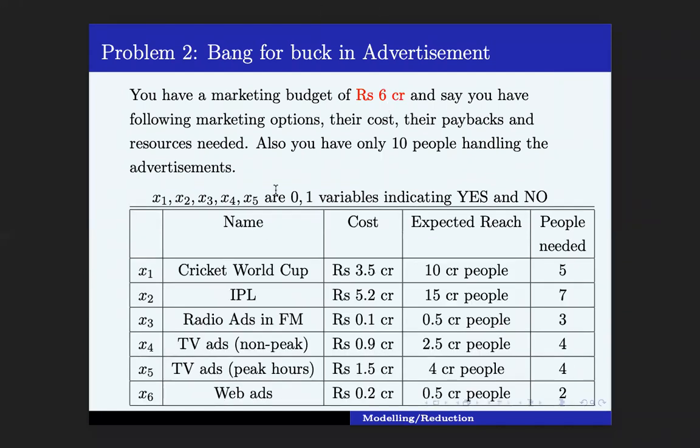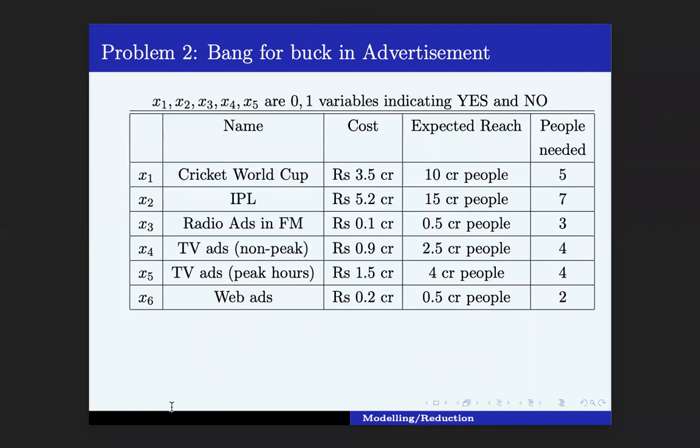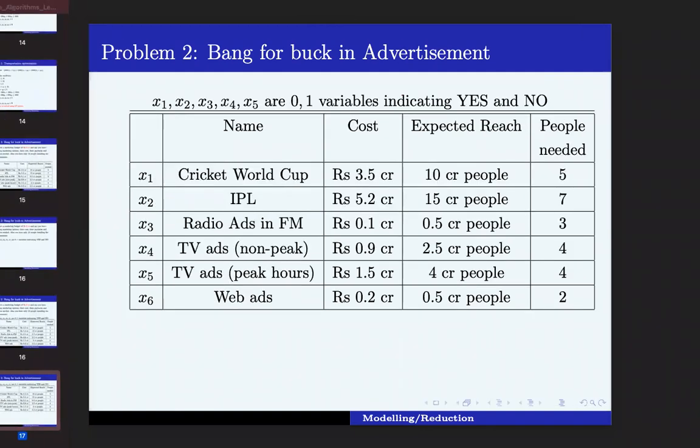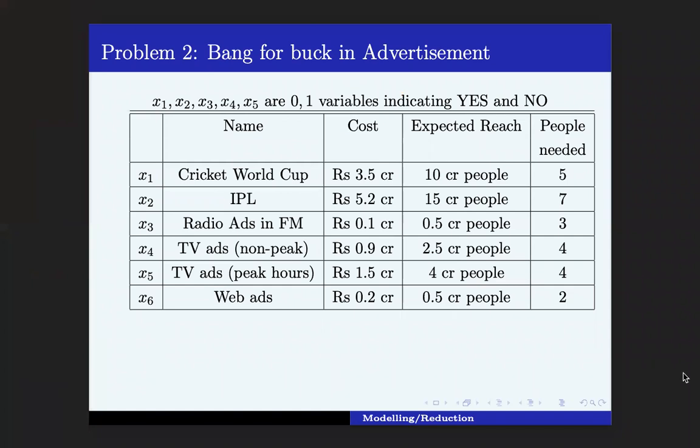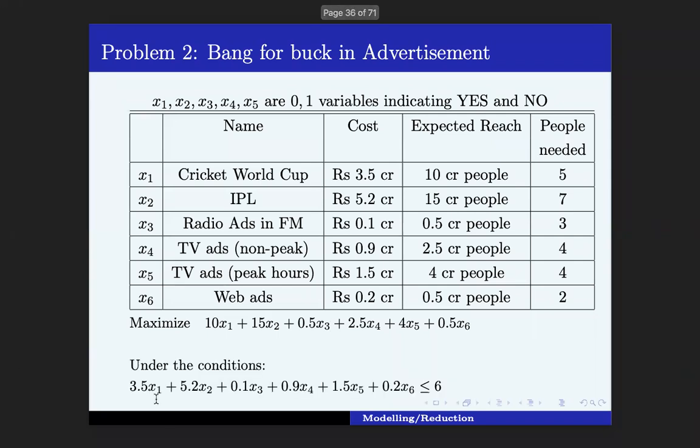Now I can define the optimization function as maximize the number of people that can be reached, under the various constraints. Constraint number 1 is that the cost must be less than 6, and the number of people must be less than 10, and of course there is a positivity constraint on x1 to x6.